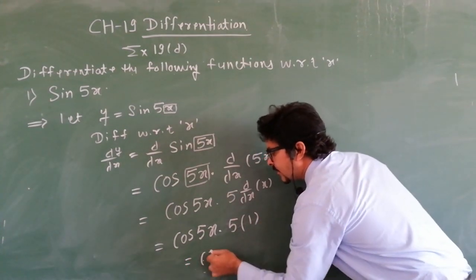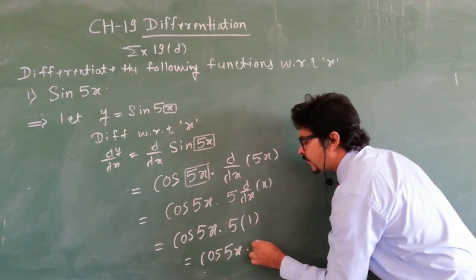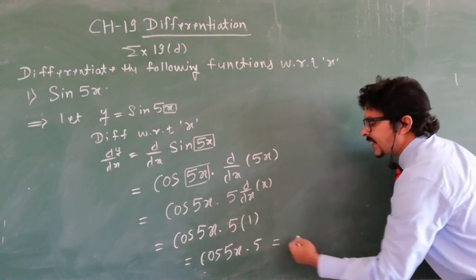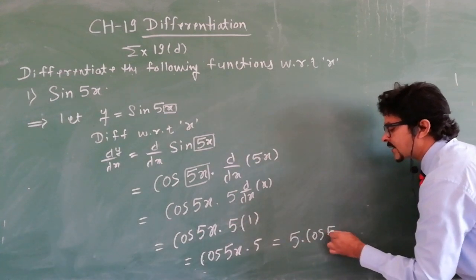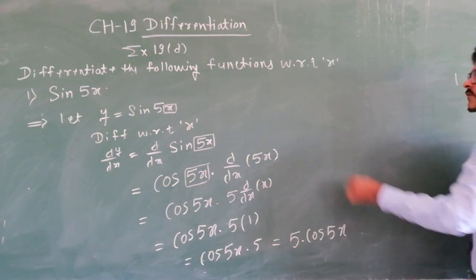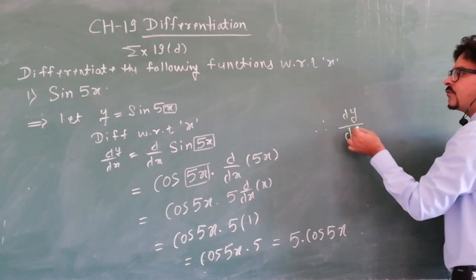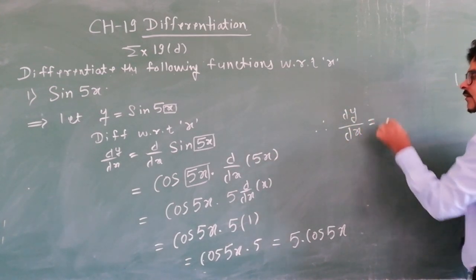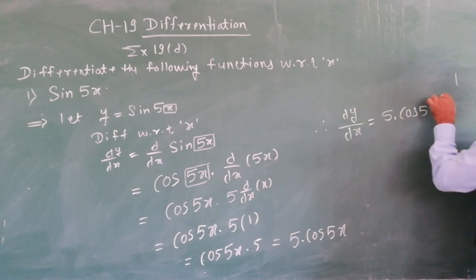Finally we write cos 5x into 5, which is equal to 5 times cos 5x. This is our final answer. So finally, dy by dx, the derivative of y with respect to x, is 5 times cos 5x.